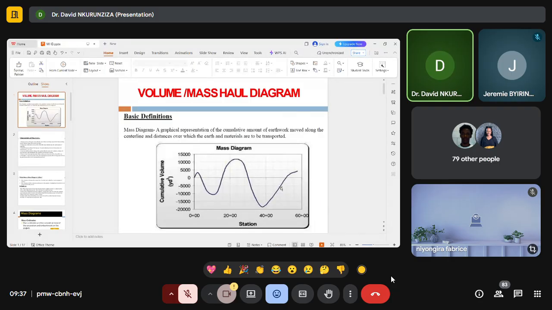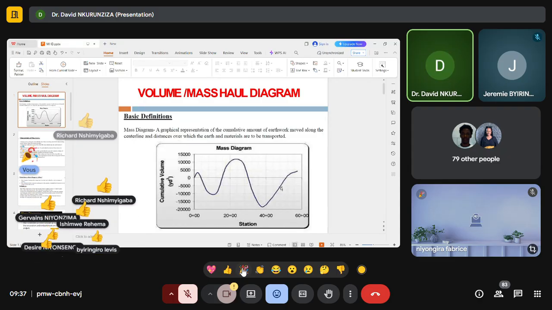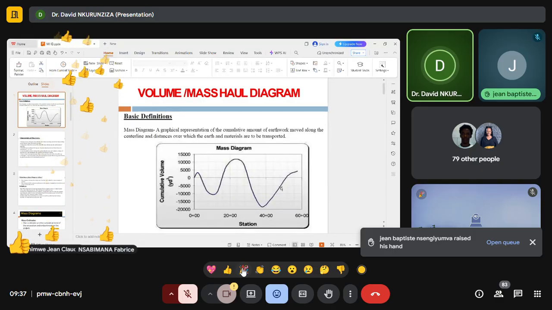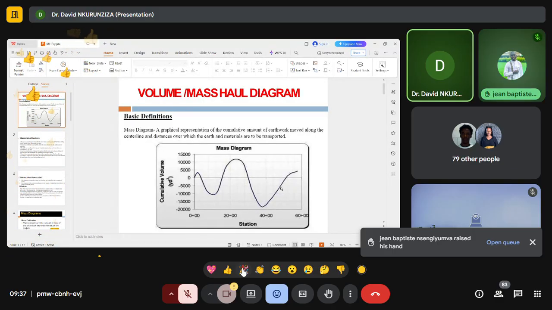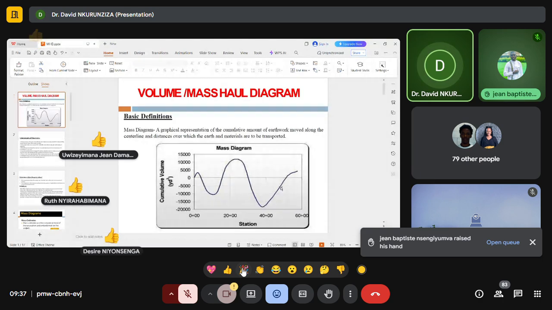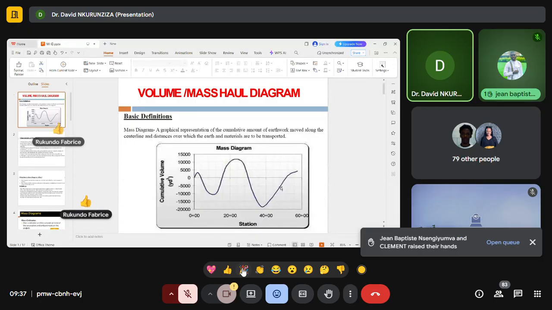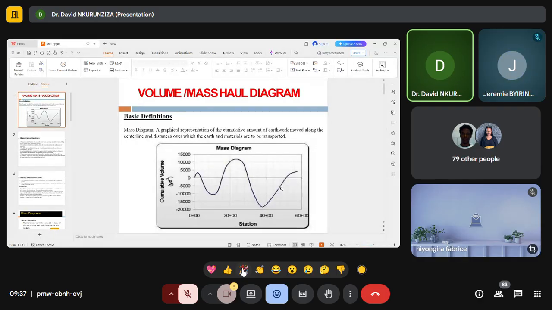Okay? Are you together, class? Am I making sense? Do you get me? Okay. Then another point about the characteristics. The highest or the lowest point of the mass haul diagram represents the crossing points between the grade line or roadway level and the natural ground level.